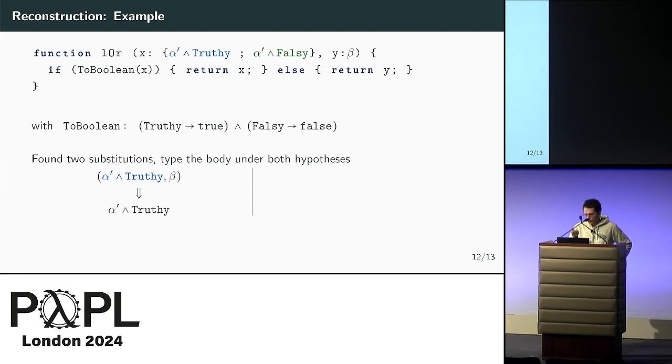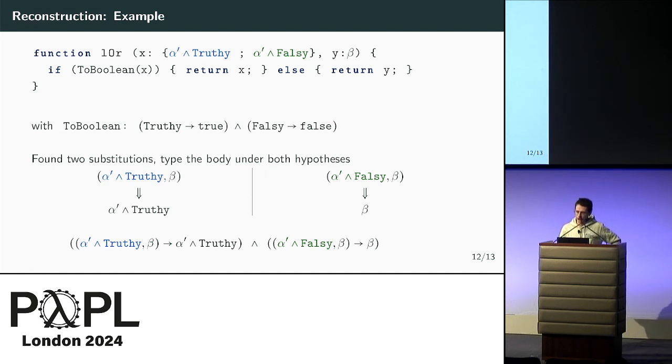And in this case, we can type it and it yields the type alpha prime and true phi. And then we type the body again by assuming that x has the type alpha prime and false. And in this case, it yields the type beta. And so we have two types for this function. We just take the intersection, and we have inferred the type from the introduction.